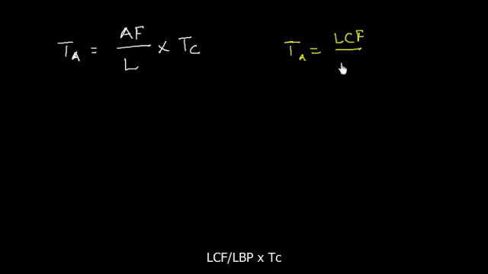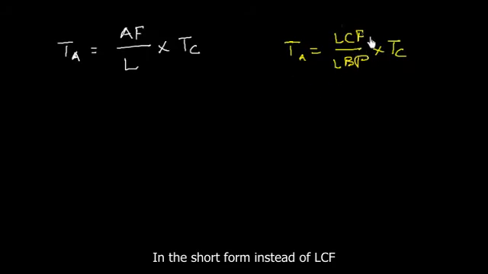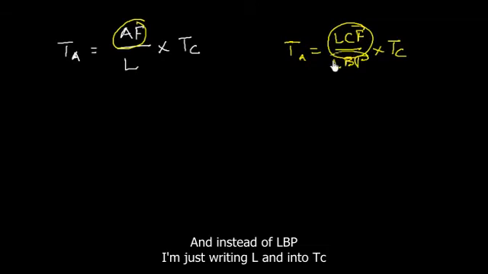Now let us work out what is the trim aft. Change in the draft aft will be AF divided by L into TC. Well, we had found this formula that TA is LCF divided by LBP into trim change. In the short form, instead of LCF, I am writing this AF, and instead of LBP, I am just writing L, and into TC.